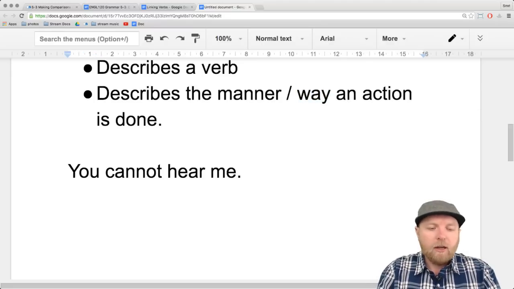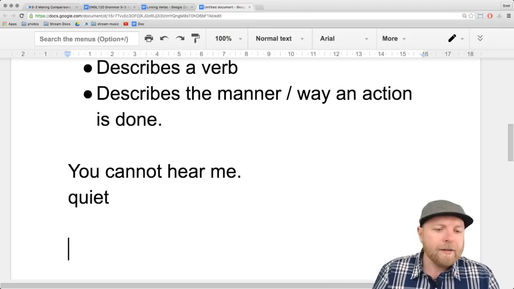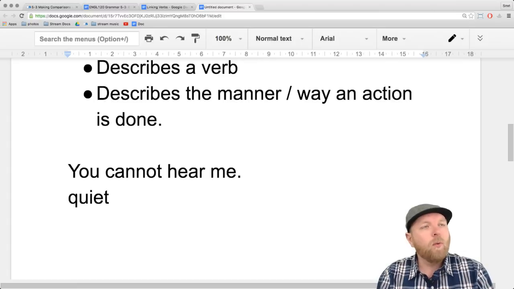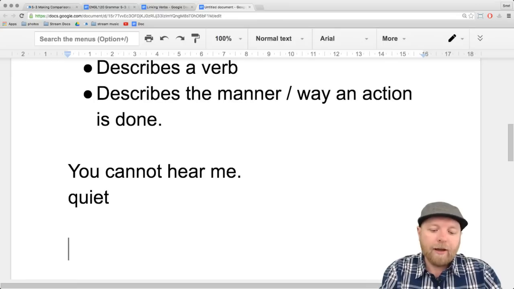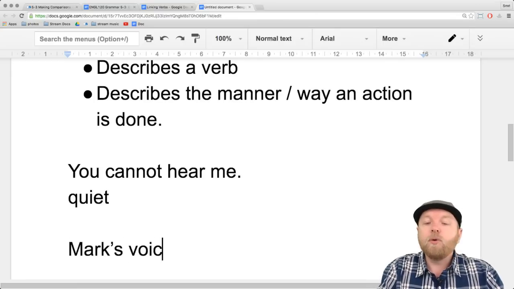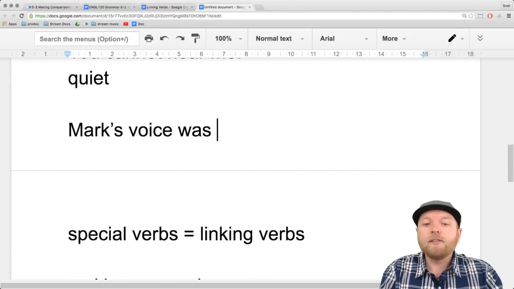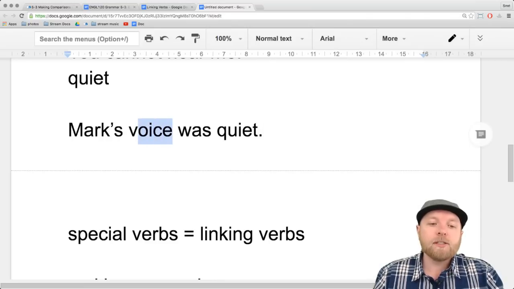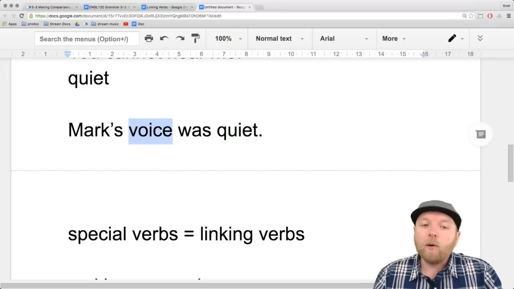Well, of course, the word here is quiet. Now, quiet is an adjective. So what noun, what thing can we describe with quiet? Well, for example, Mark's voice, right? Mark's voice was quiet. So here we're describing voice, okay? So we use an adjective to describe the noun.